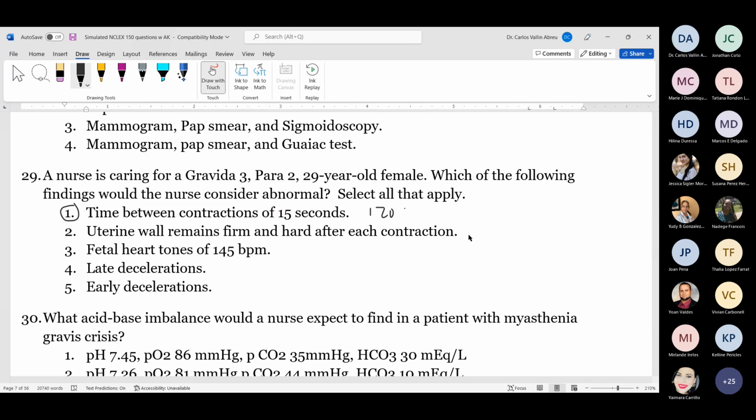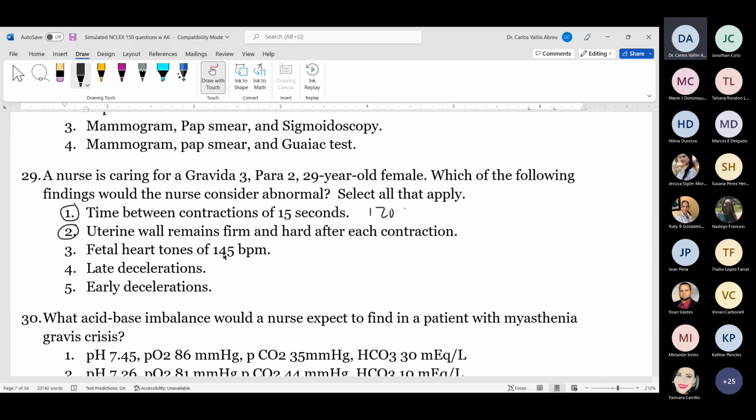That's abnormal too, because this is a sustained, continuous contraction. The uterus should relax between contractions. Don't forget that it is between contractions when the baby can breathe and obtain oxygen from the placenta. While the contraction occurs, the blood flow in the placenta is interrupted.